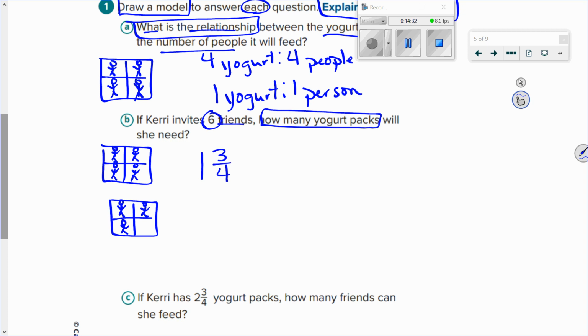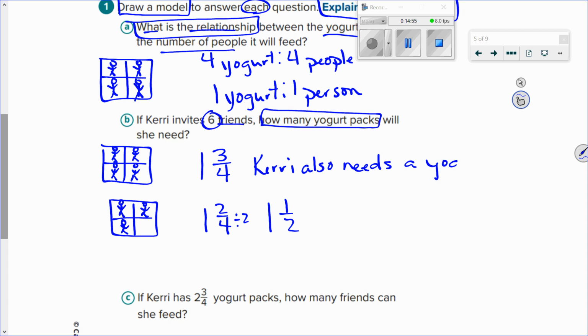If you did Carrie included as the friends, that would have been 1 and 2/4, which I could simplify, dividing by 2 to make 1 1/2. On this one, Carrie also needs 1. On this one, it just includes the friends.